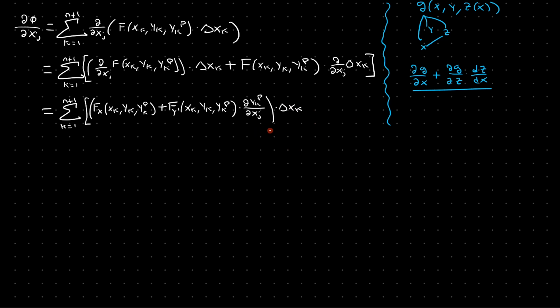And then we have to add to that this term right here, just f of xk, yk, ykp times the xj partial derivative of delta xk. So this is looking fairly long. In order to simplify things a little bit, we're going to remember what we're trying to do.